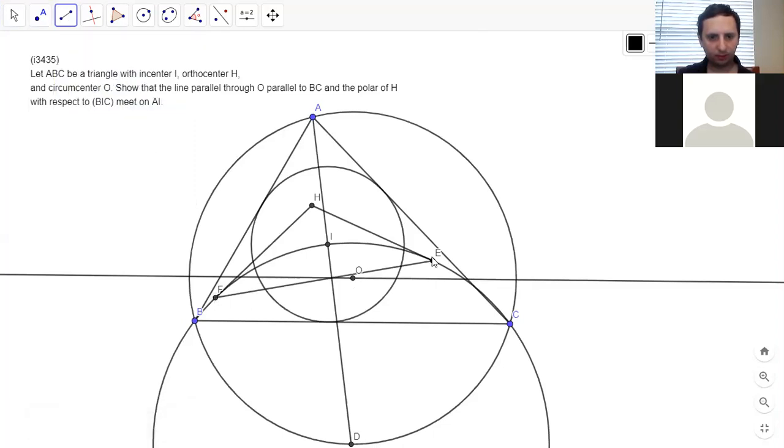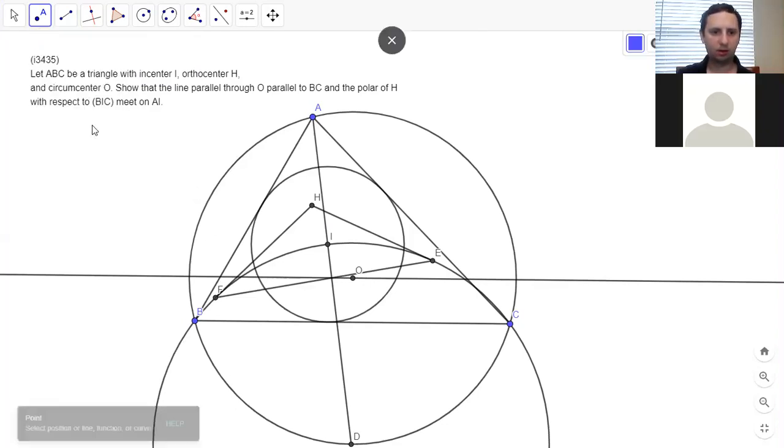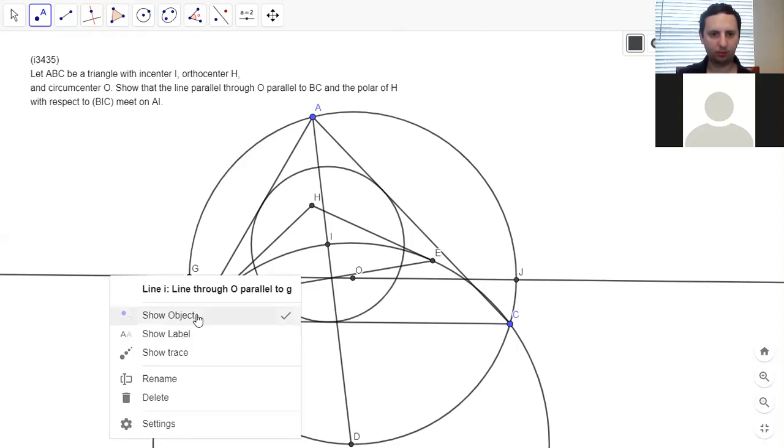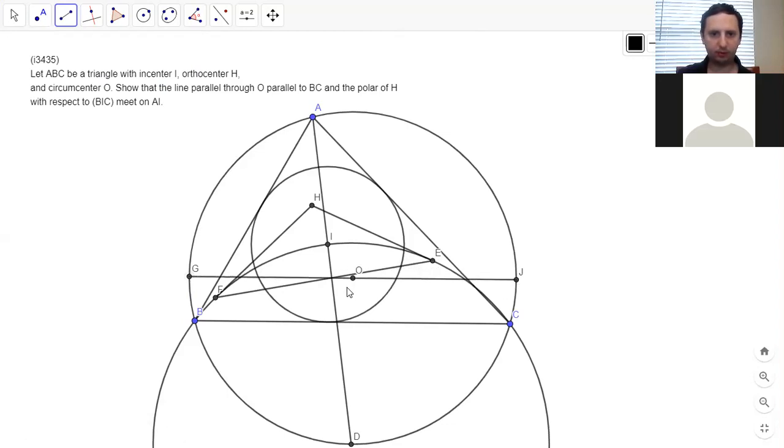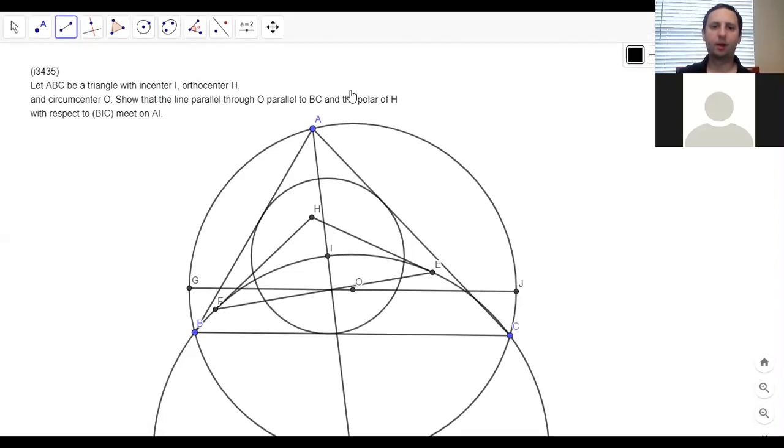So we have this, and then I don't like seeing the entire line, so I'm just going to drop that portion of it. So we have to prove that these concur. In the chat, it says, so yeah, I can delete the polar for now.